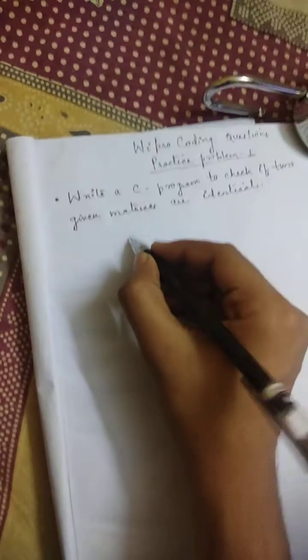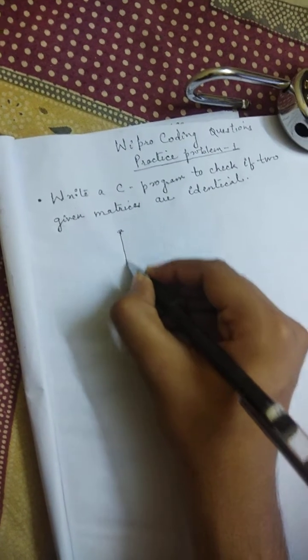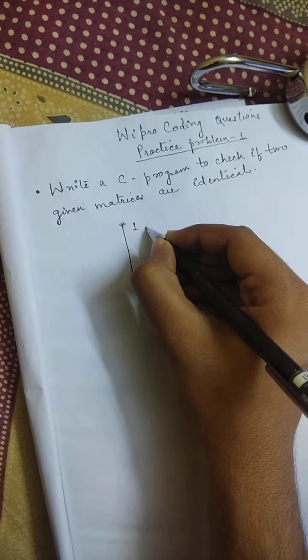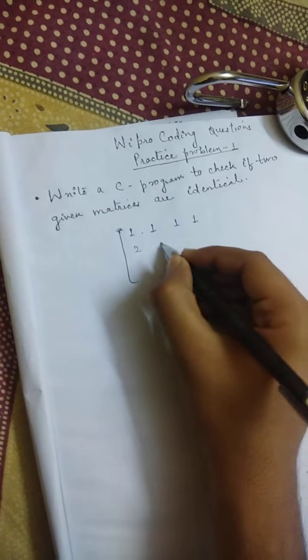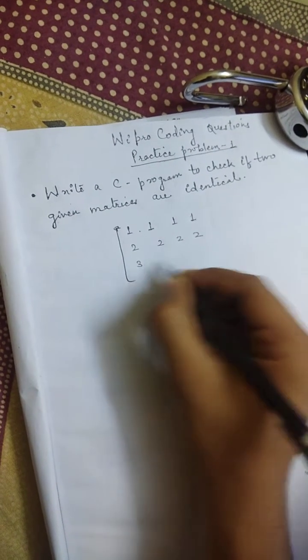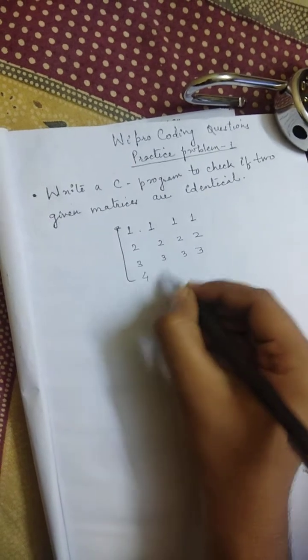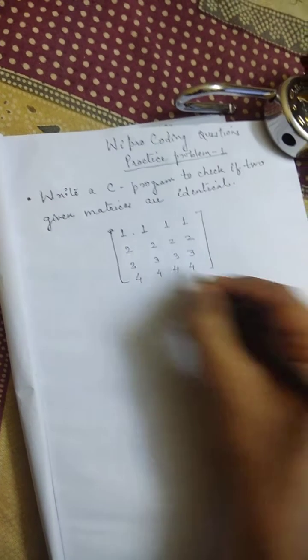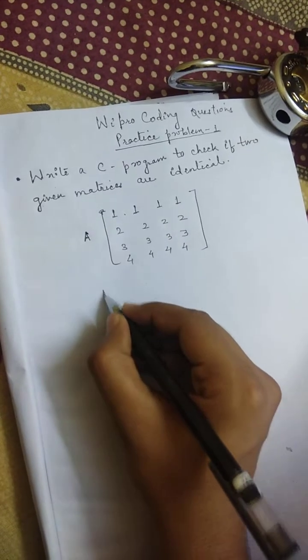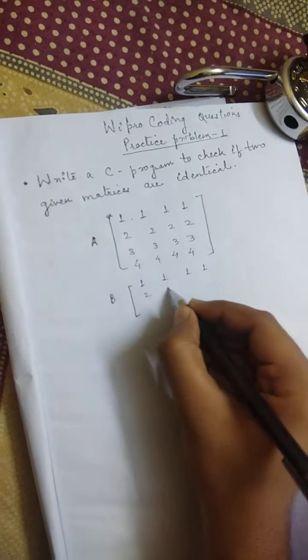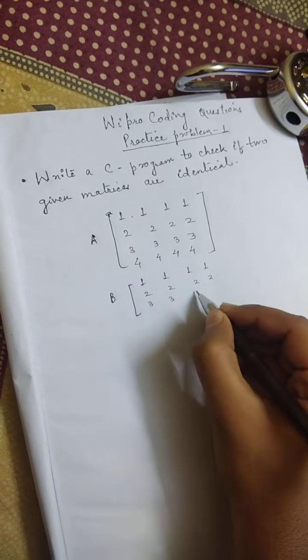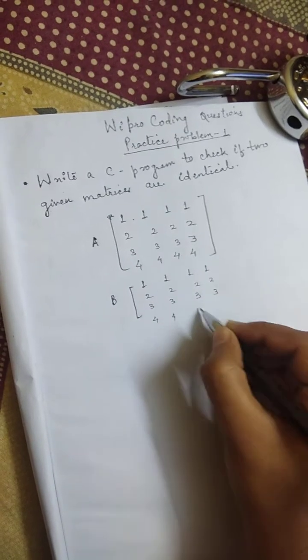Let us suppose matrix A is 1 1 1 1, 2 2 2 2, 3 3 3 3, 4 4 4 4, and there is some other matrix B, which is also 1 1 1 1, 2 2 2 2, 3 3 3 3, 4 4 4 4.